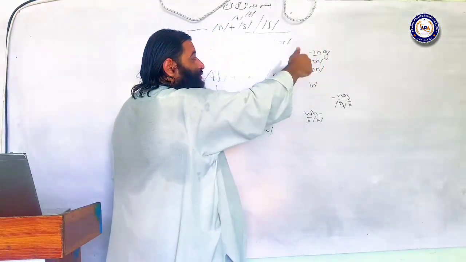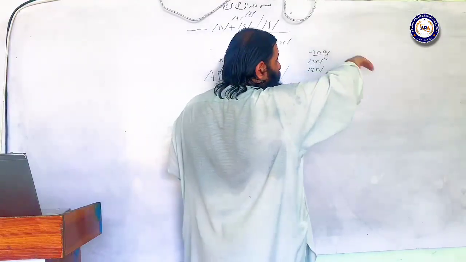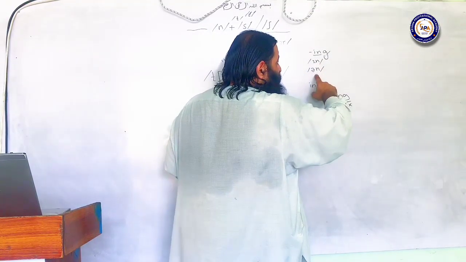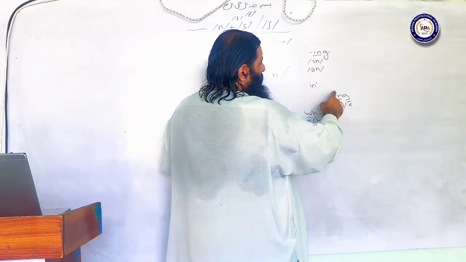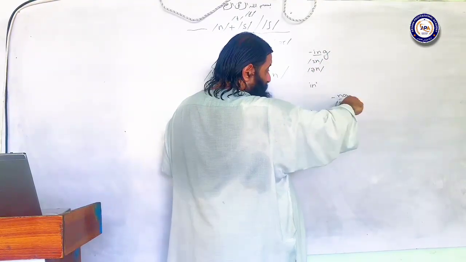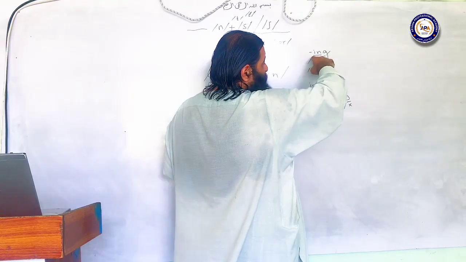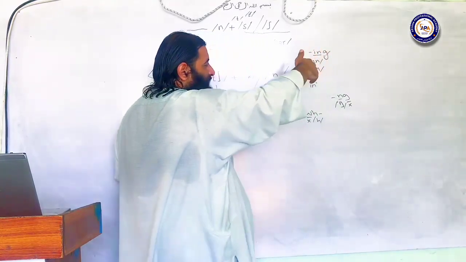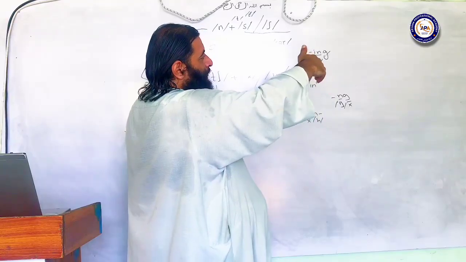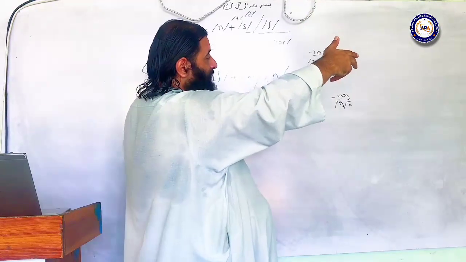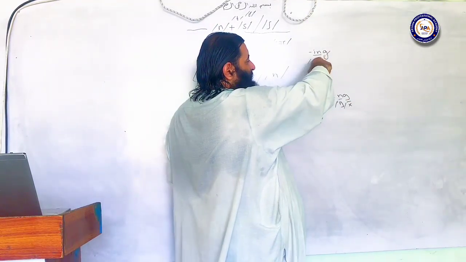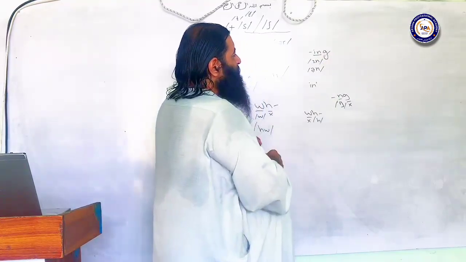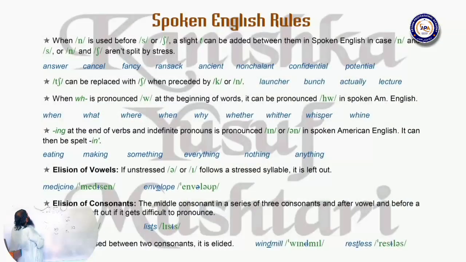But now this rule, which is only for American English: G becomes silent and N is pronounced "n," not "ng," not every time in -ing. So at the end of verbs, when we have -ing, and at the end of indefinite pronouns in American English, this -ing is pronounced "in" or "n." NG becomes silent. For example, eatin', makin', somethin', everythin', nothin', anythin'.